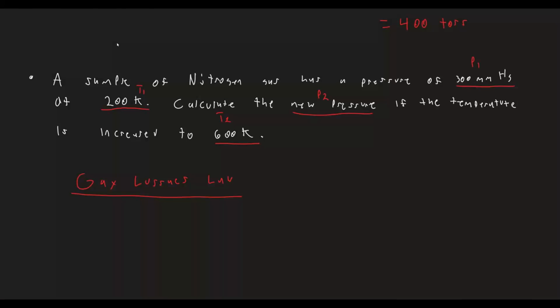And Gay-Lussac's law states that the initial pressure divided by the initial temperature is equivalent to the final pressure divided by the final temperature. And we are looking for the final pressure. So all we need to do is multiply both sides by T2. This will give us the initial pressure multiplied by the final temperature divided by the initial temperature is going to give us the final pressure.